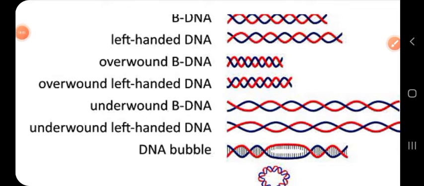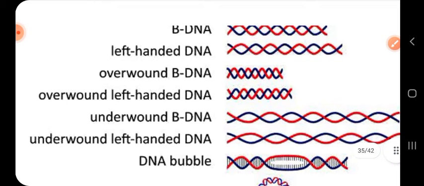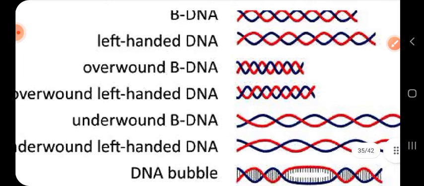So this actually tries to show the coiling nature of the DNA. You see the B-DNA. Normally when we draw the diagram of DNA structure, we usually draw the B-DNA form. The left-handed DNA is observed in the Z form of DNA. The Z-DNA has the left-handed helical conformation. You can also see the overwound B-DNA, the positive supercoiling. It is coiling with the helical conformation.